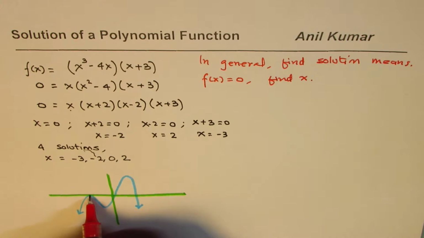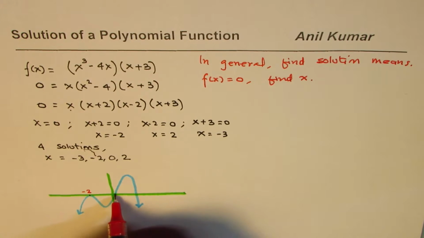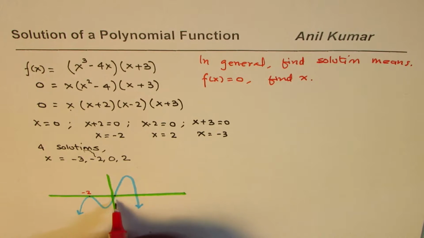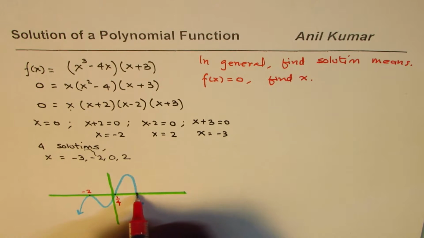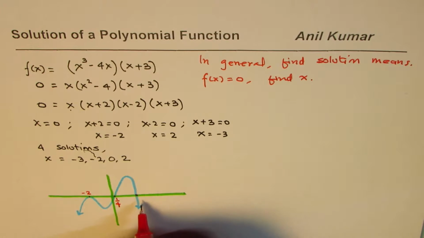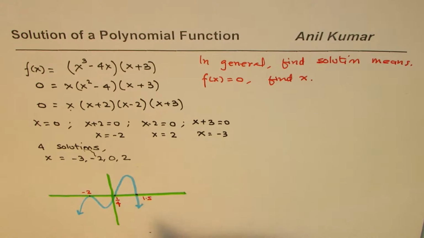One of these zeros here is, let us say, at x equals minus 2, and let's say this zero, which is not at the origin, is at 1 over 4. And then we have a zero here, let us say at 1.5.